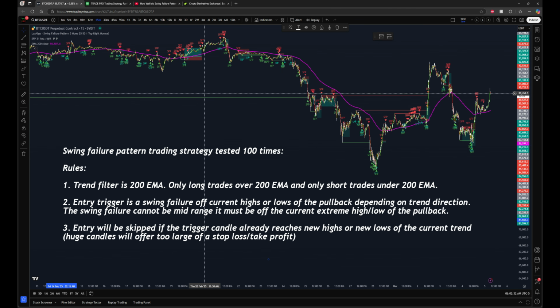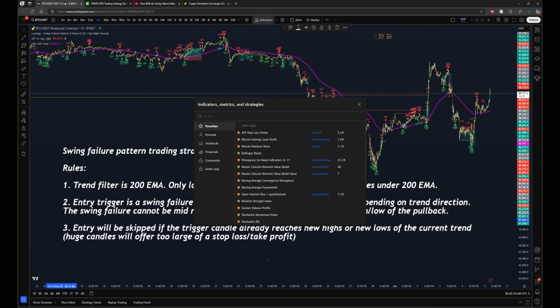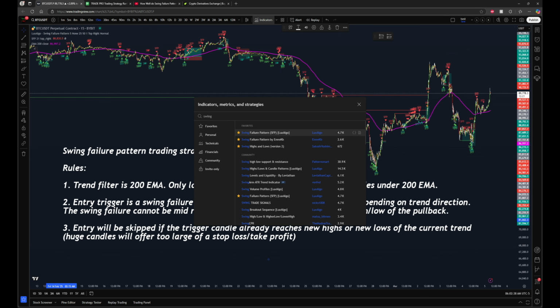Okay, so let's go over those swing failure pattern indicators. We've got Swing Failure Pattern (SFP) by LuxAlgo on TradingView, and these are free. And then we have Swing Failure Pattern by EMREKB, that's the creator. These two are on my chart.